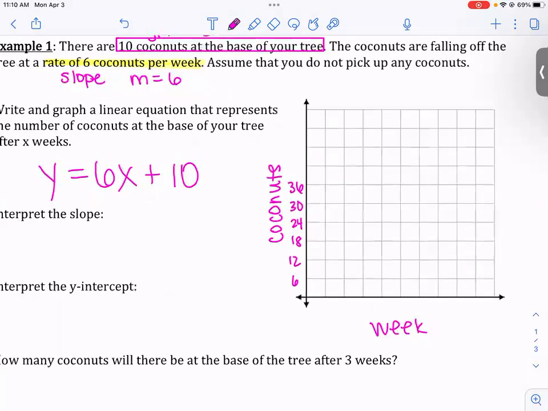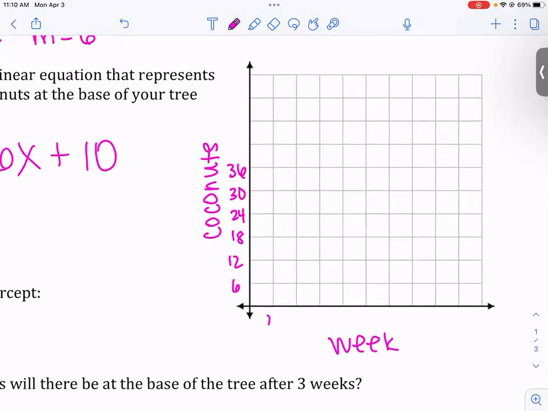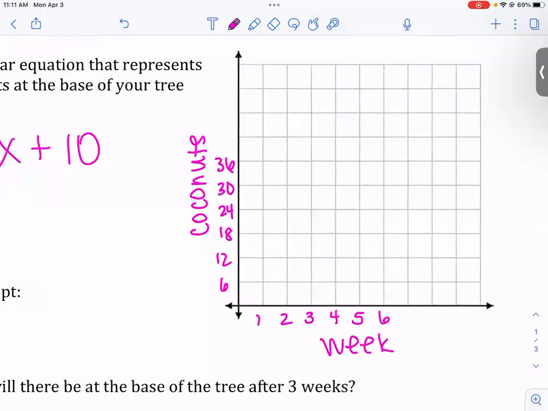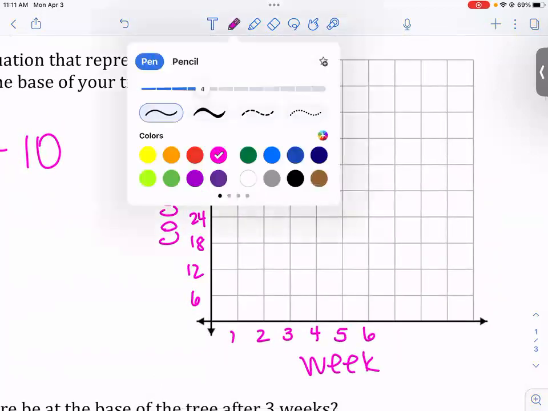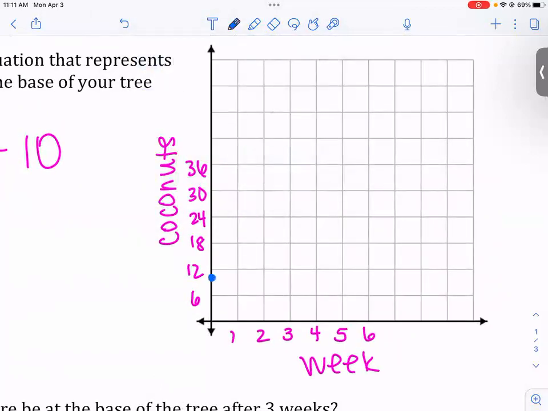On our x-axis, I am going to count 1 week, 2 weeks, 3 weeks, 4 weeks, 5 weeks, 6 weeks. What is our y-intercept? 10 coconuts. So I would say 10 coconuts is right here.